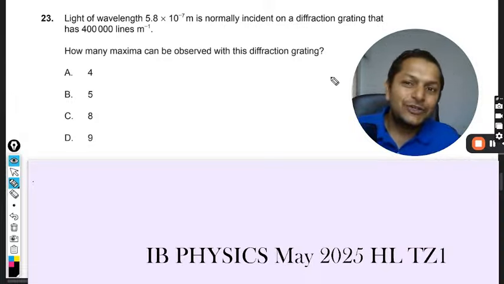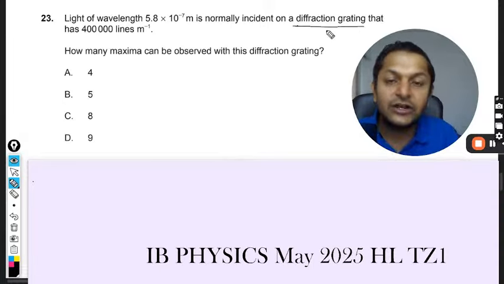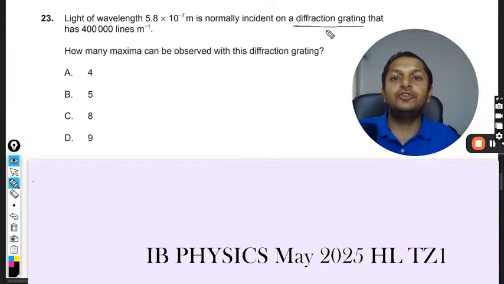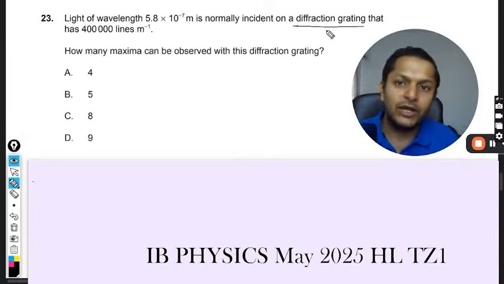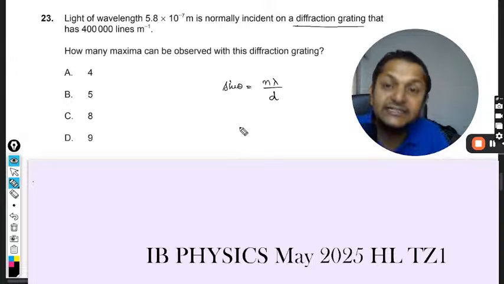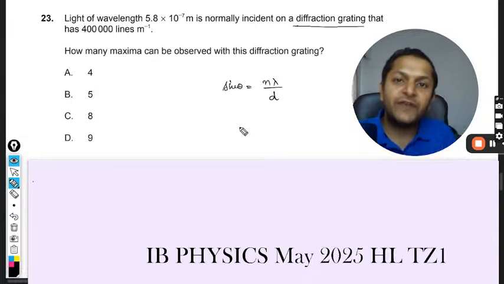Let's see. Point number one that you have to remember is, in the case of a diffraction grating, the name is diffraction, but the only formula that you use is the interference formula. Sine theta is equal to n lambda by d, not b. If it was b, it would be the diffraction formula.